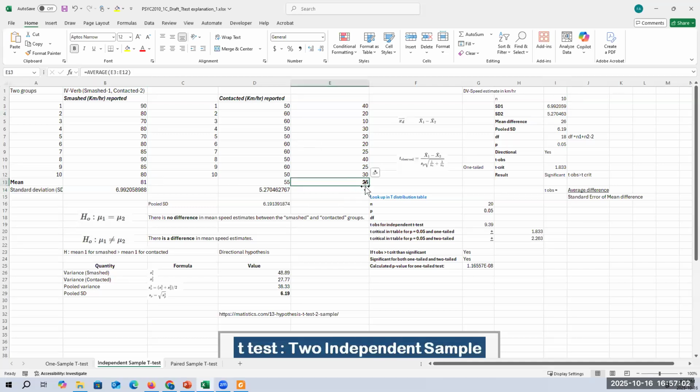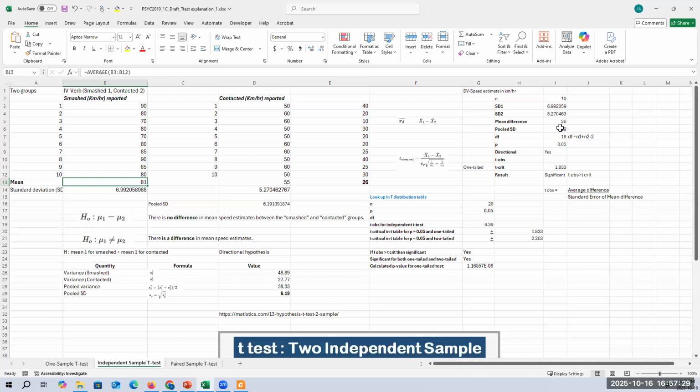So we have 55 with a standard deviation of 5.26, and then 81 with 6.99. This is the standard deviation on the mean. Obviously, 81 is bigger than 55, but is that significant? It seems that participants in the smashed group were more likely to report a higher speed estimate than those in the contacted group.